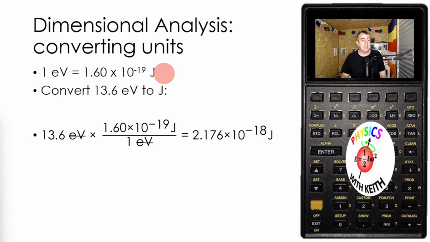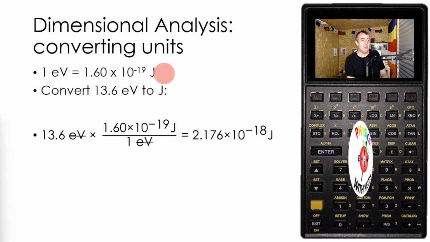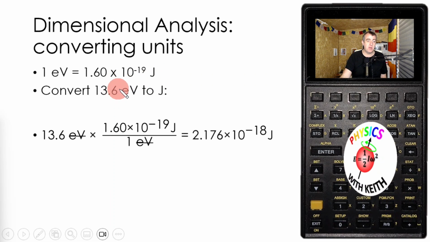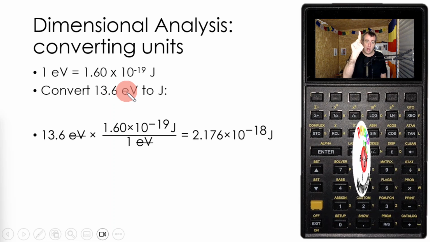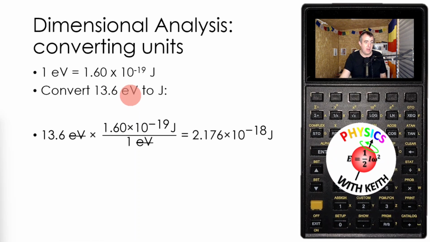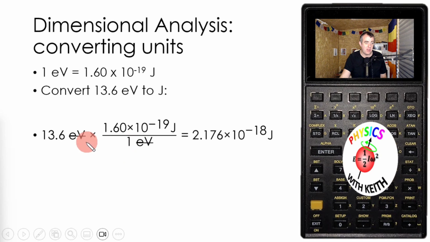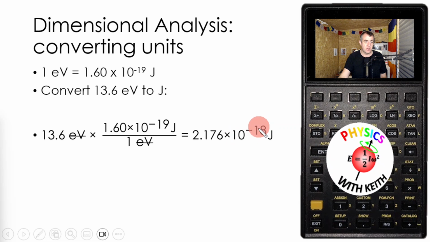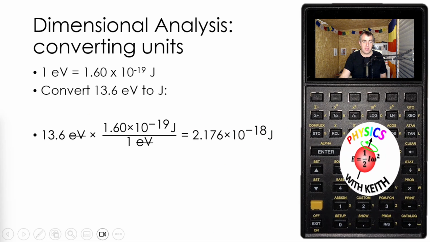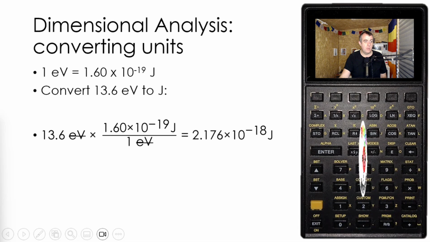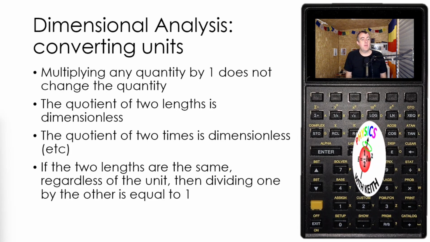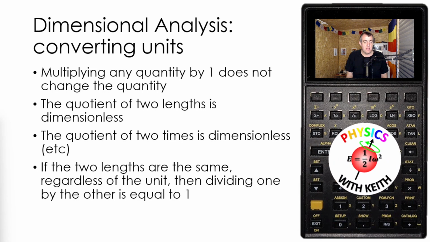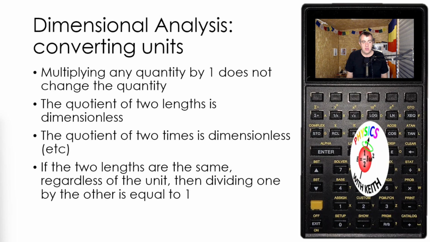How many joules do we need to ionize that hydrogen? So we need to multiply 13.6 electron volts by the number 1. What is that number 1? Well, it's going to be this way around, so that we're cancelling out the eV and leaving just the unit of joules. So that's a fun little way of converting. It's important to lay it out clearly so you don't get confused.